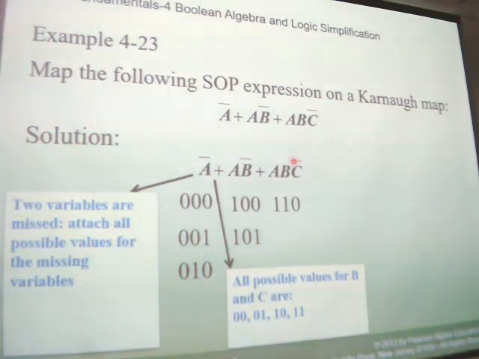So the total number of product terms is 6.